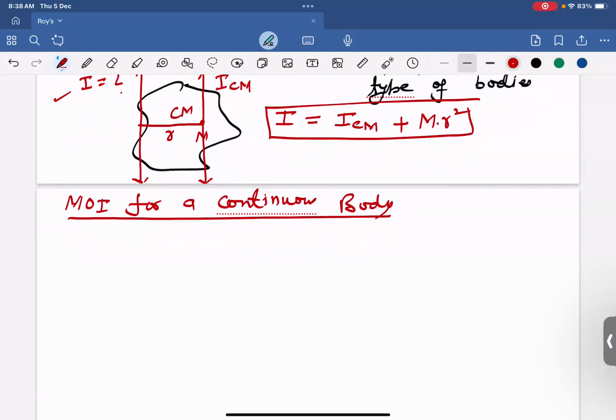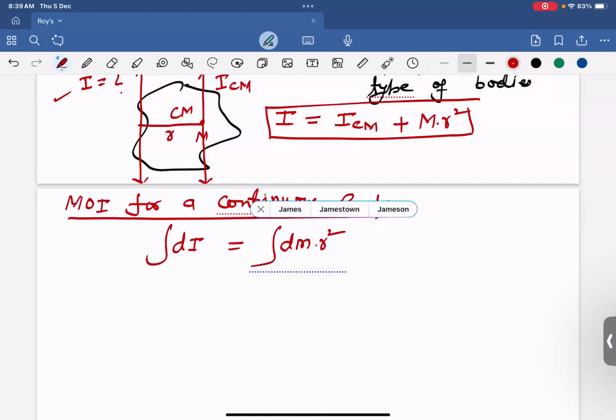You cannot find the moment of inertia by just mr square because it is not a system of particles. So you have to take a very small element, that mass you can take as dm, try to find its moment of inertia, and then you should integrate it with the proper limit to find the moment of inertia of the complete body. So this is the concept that you are using here.